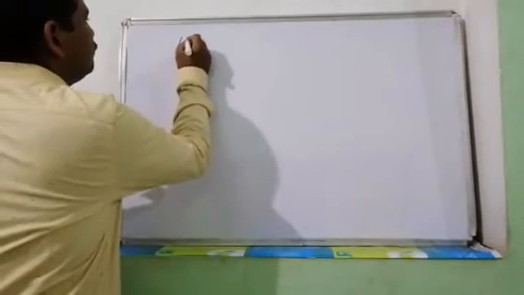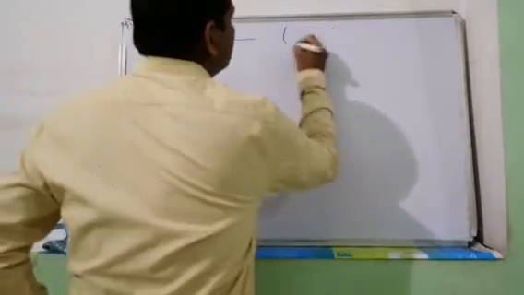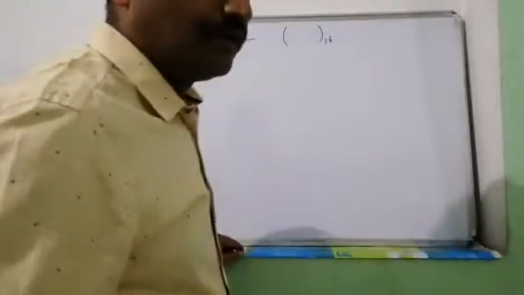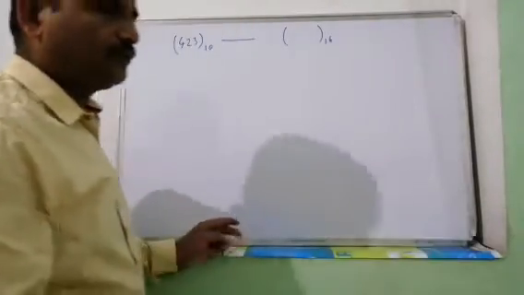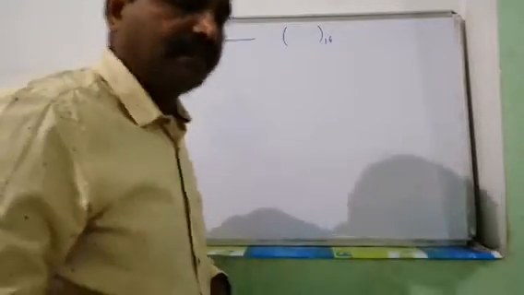Assume that we have to convert 423 decimal to a hexadecimal number system, base is 16. We use the repeated division method and divide 423 by 16.